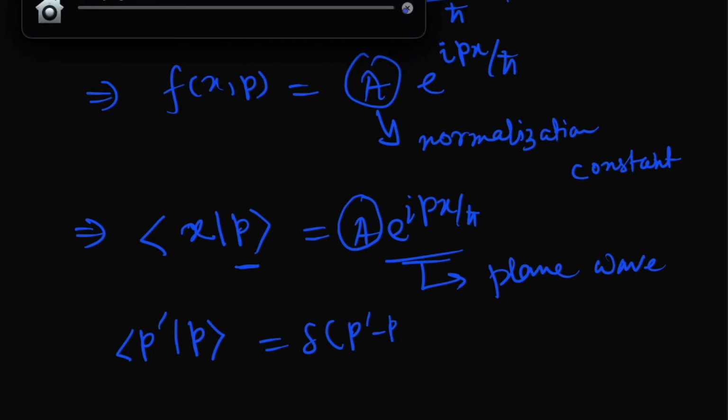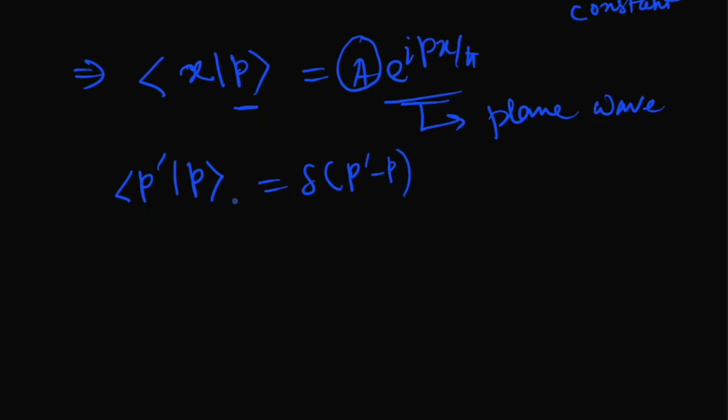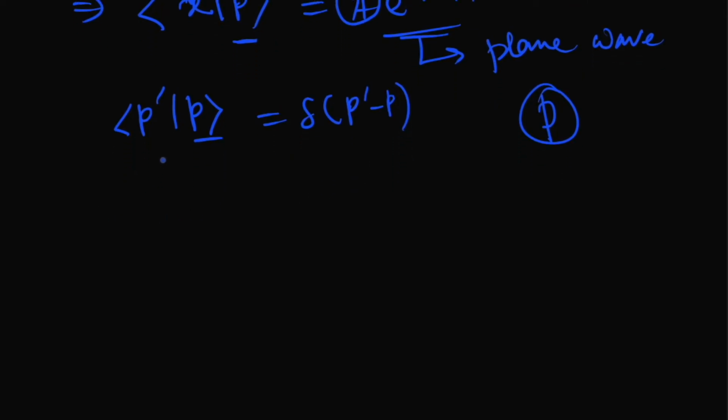Since these eigenkets are the eigenkets of a Hermitian operator, the momentum operator, they will definitely be orthonormal.